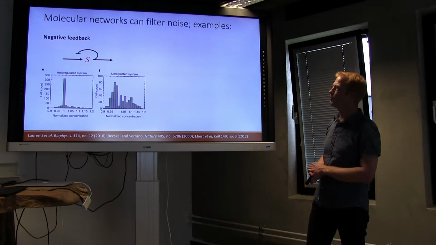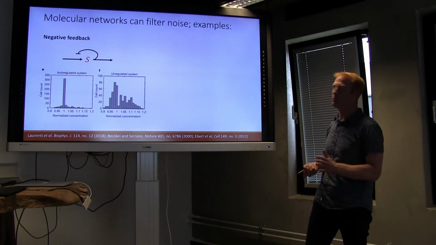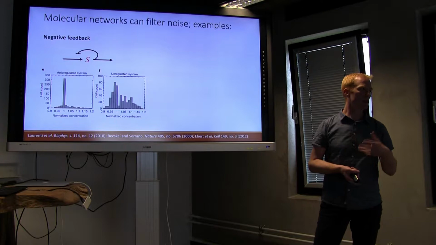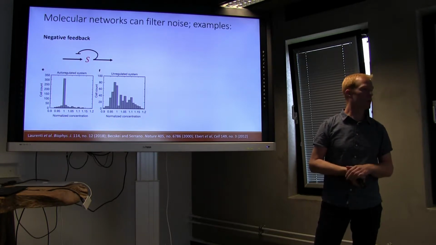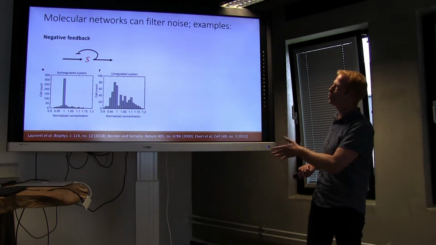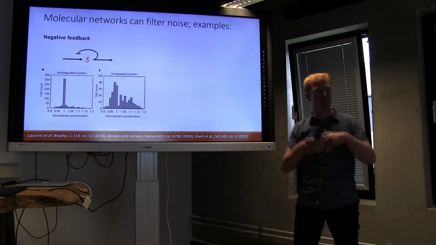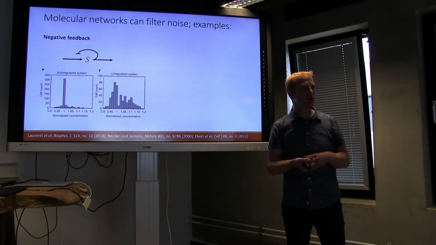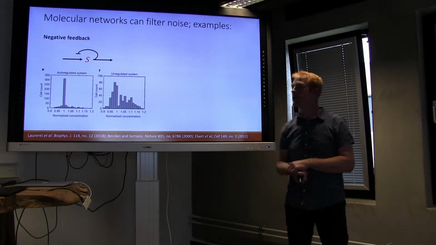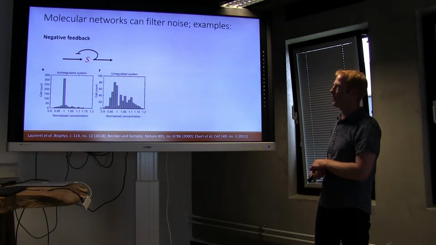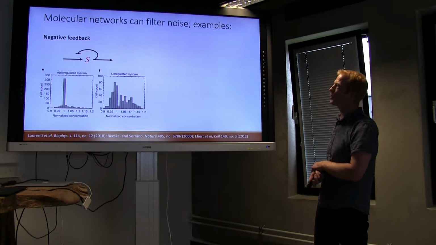And well, many papers have been written on ways the cells can actually filter out noise or deal with noise. I just want to give you two patterns in the network, in the sort of gene regulatory network, that occur very frequently, and that can be shown to reduce noise.